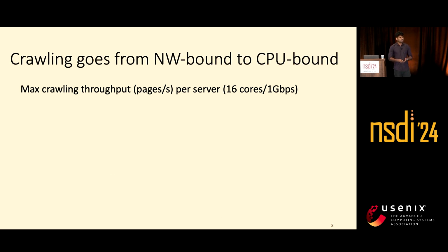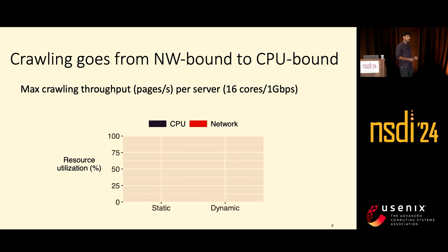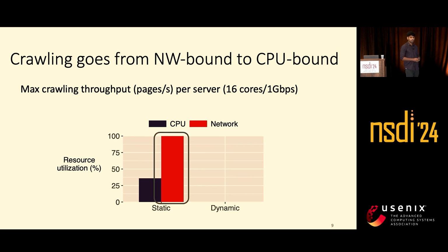Now, in order to understand why this is happening, we also measured the corresponding resource utilization for the CPU and the network on the server. When we did this for the static crawler, we observed that at max throughput, network was the resource that was fully saturated, indicating that the static crawler is network bound essentially.